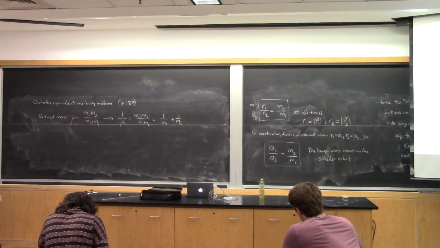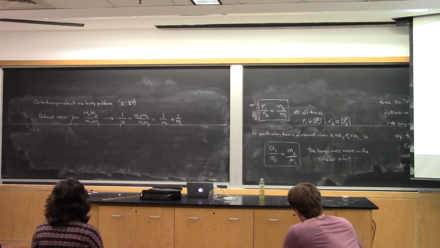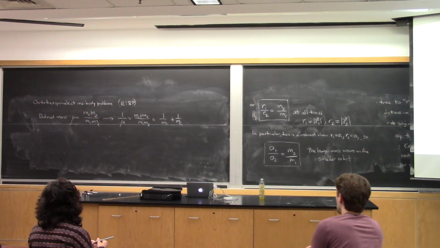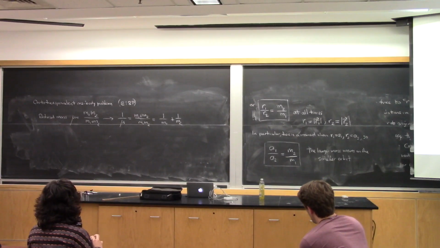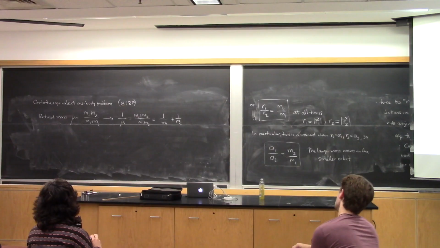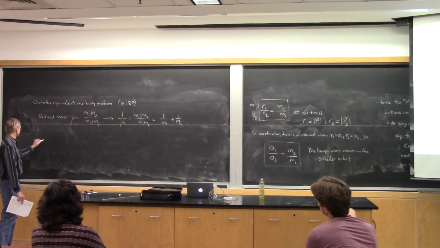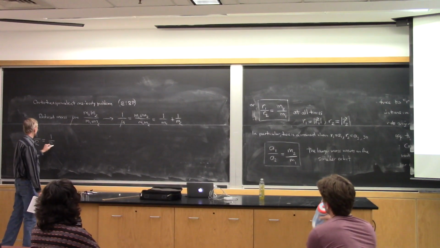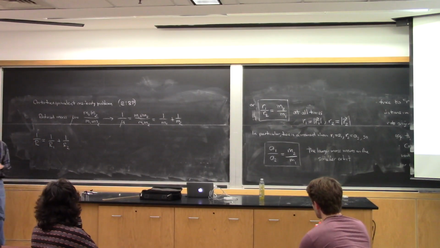Does this remind you of anything? From a different branch of physics, as it were. Yeah, and what does this remind you of in terms of electric circuits? Yeah, so resistors wired in what configuration have the property that 1 over the total resistance is 1 over R1 plus 1 over R2? What produces that?